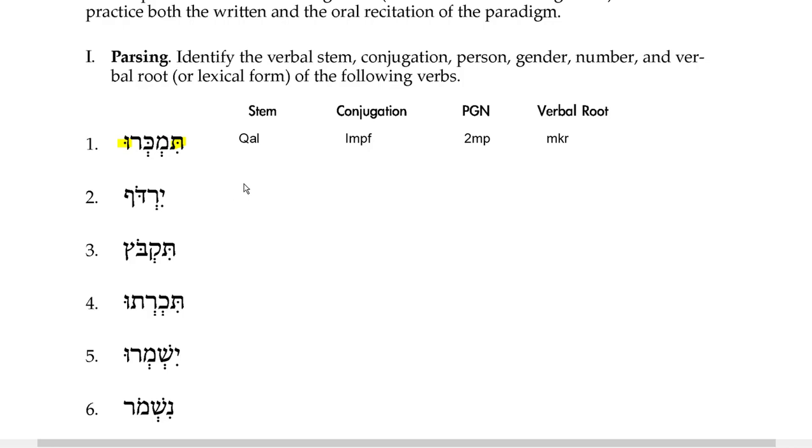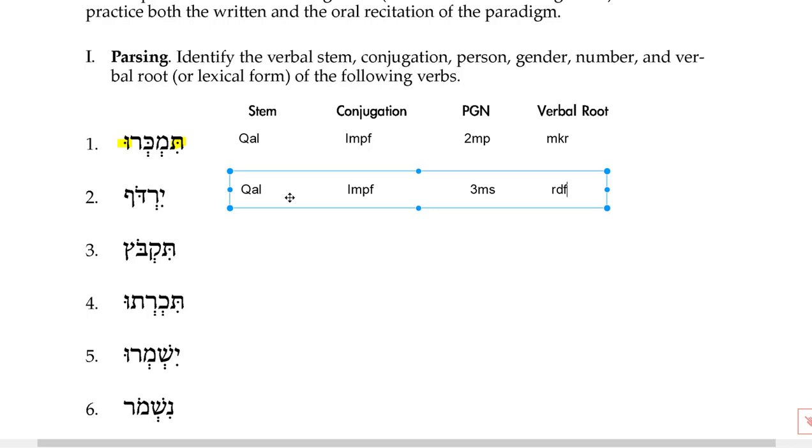So we can parse this as Qal imperfect. These are all going to be Qal imperfect. So I'm not sure I have to keep writing those out. This is going to be third masculine singular, and our root is radaf, or radaf, the P, but it's a pe.